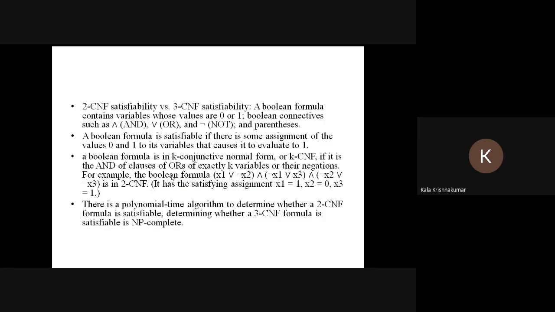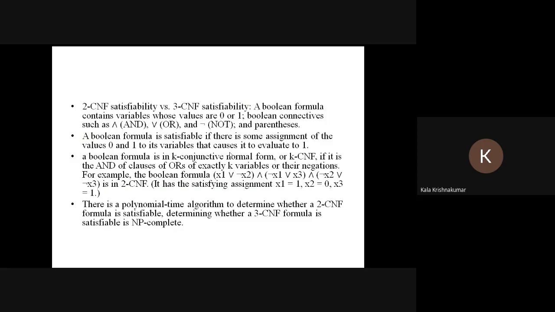So that is a Boolean expression or Boolean formula. A Boolean formula is satisfiable if there is some assignment of the values 0 and 1 to its variables that causes it to evaluate to 1. So we have a Boolean expression with n variables or n literals, and we are checking whether it is satisfiable or not.